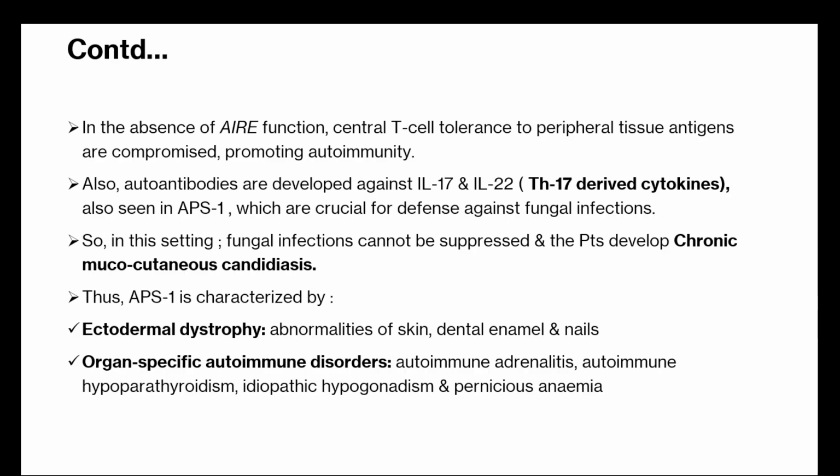If the parathyroid gland is affected, that results in autoimmune hypoparathyroidism. If the gonads or gonadotroph cells in the anterior pituitary are affected, then that results in idiopathic hypogonadism, and it results in pernicious anemia if RBCs are affected.